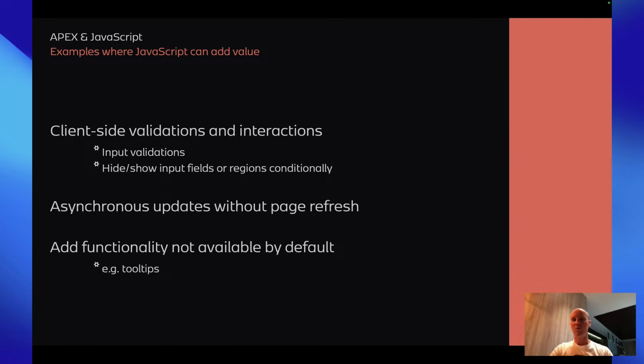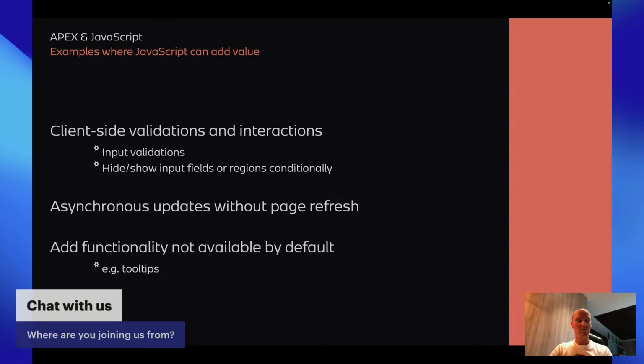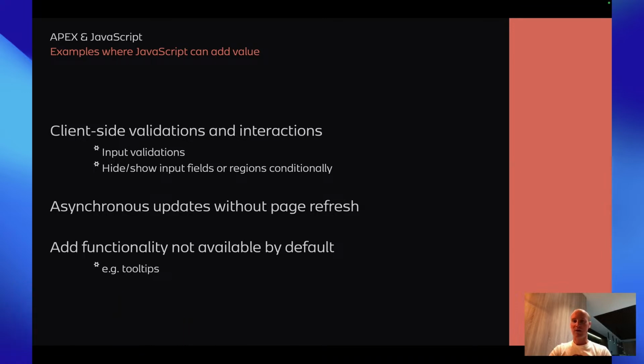Now, where can we add value with JavaScript code? For example, we can do client-side validations. So, for example, input validations, or trigger input fields dynamically, so show and hide them, or moving content around dynamically whenever the user makes a certain selection, for example. A very important part is we can do asynchronous updates of the page, so without the page being submitted.